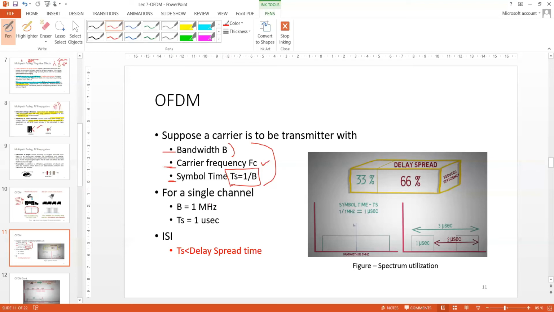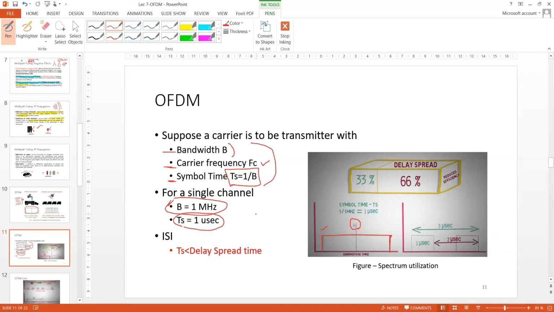Now, let's suppose we have a single channel and that particular channel has a bandwidth of 1 megahertz. Okay, and you are transmitting a carrier in this particular channel, and that particular carrier has a frequency of FC. So the symbol duration of the carrier that you will need to transmit information across this particular channel will be 1 microsecond.